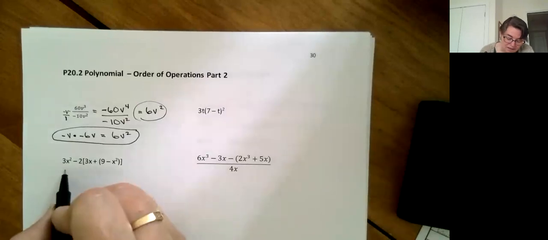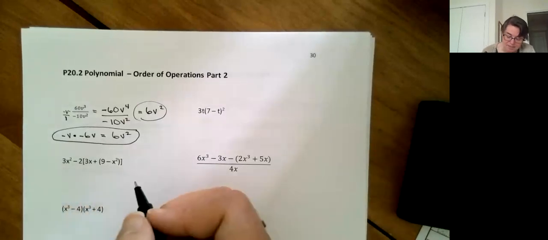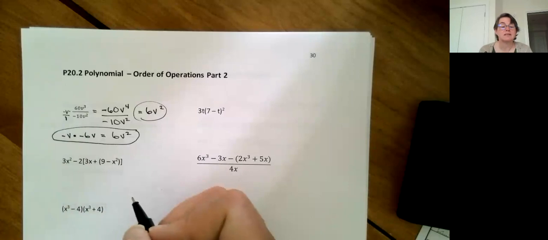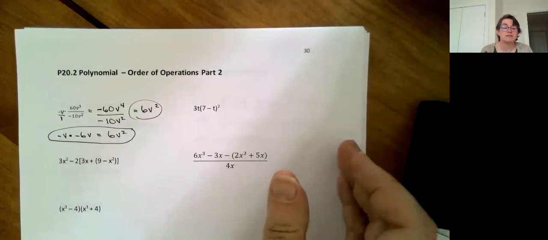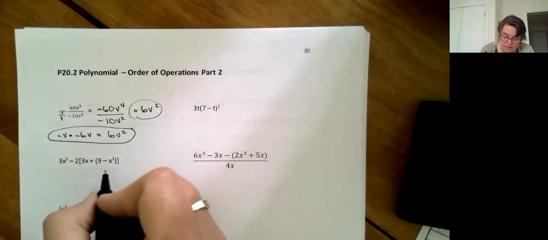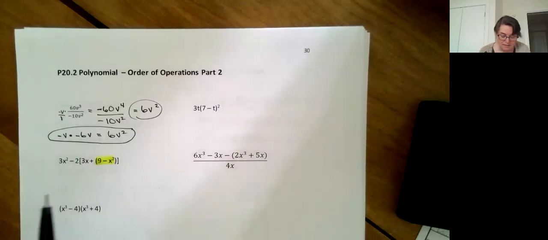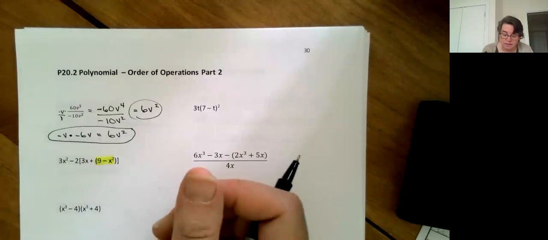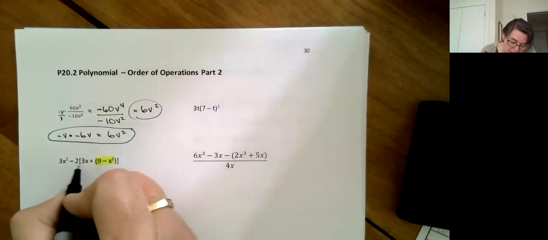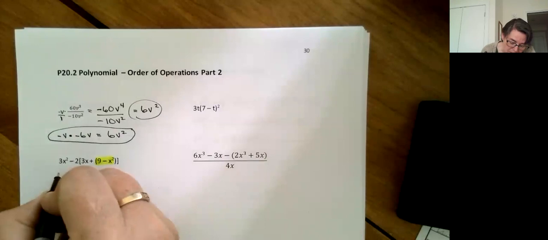All right, let's try this one. Ooh, brackety, brackety, brackety bits. Order of operations says if you have multiple brackets, you start on the most inside one, but sadly, there's nothing we can do there. So then the square brackets is going to have my priority.